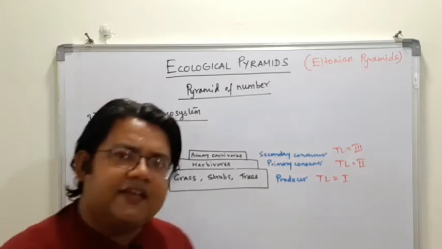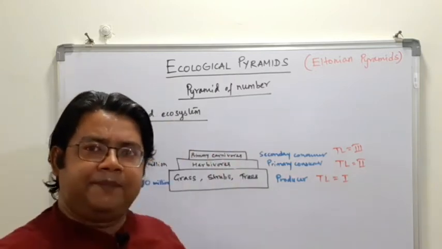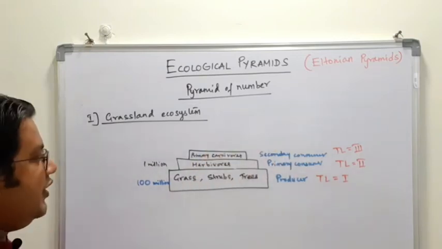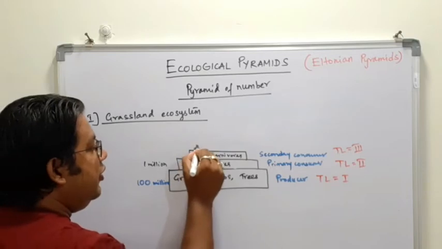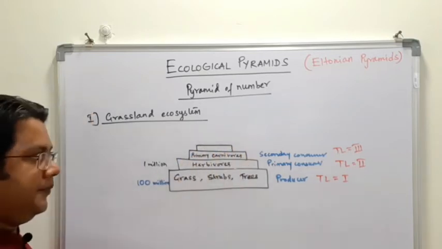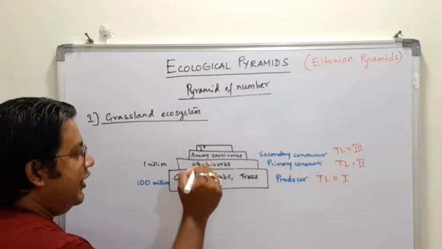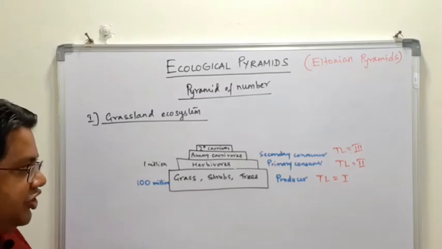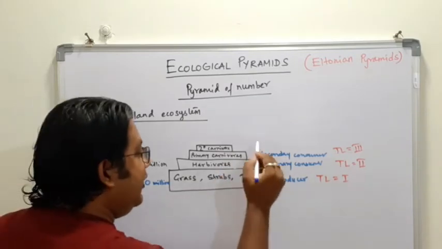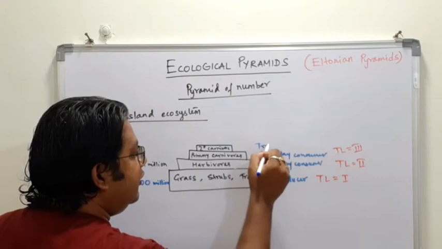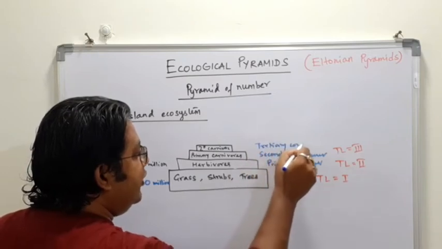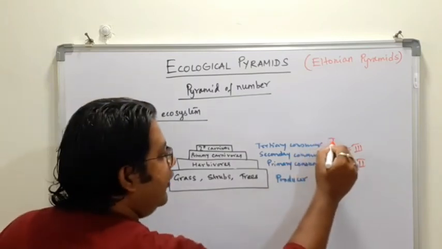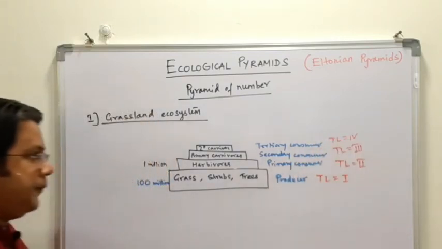Now if in the grassland ecosystem we have the secondary carnivores or the tertiary consumer, obviously it will be less again. So we have the secondary carnivore or the tertiary consumer, and the tertiary consumer will be at trophic level number 4.